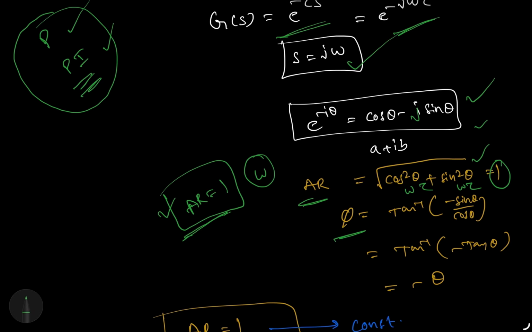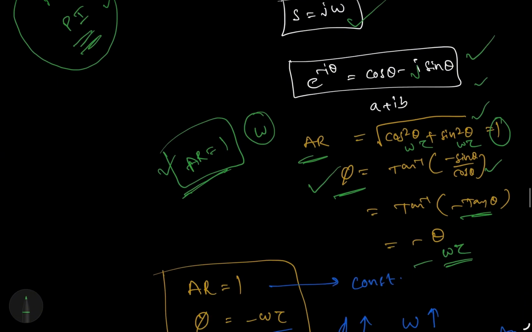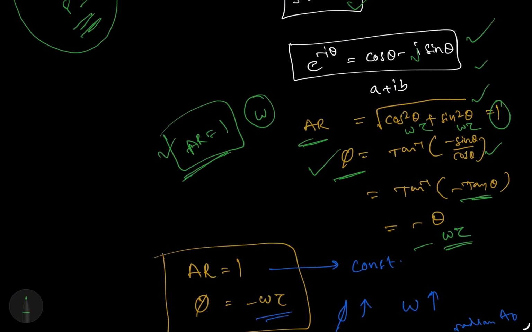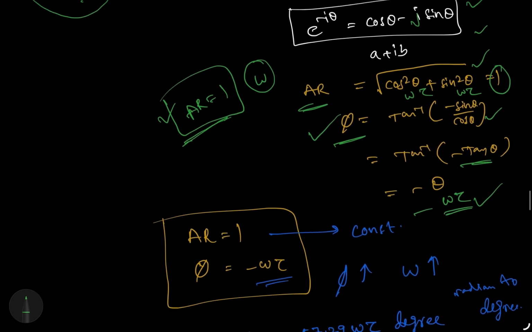Now coming to the phase angle, it is given by tan inverse of minus sin omega tau by cos omega tau, which simplifies to theta equal to minus omega tau. So this phase angle is directly proportional to the frequency and decreases continuously as the frequency increases.